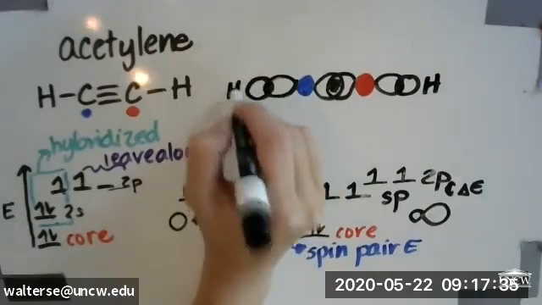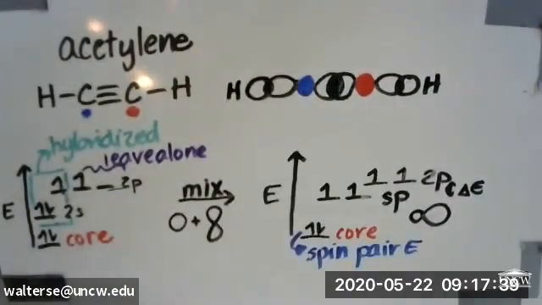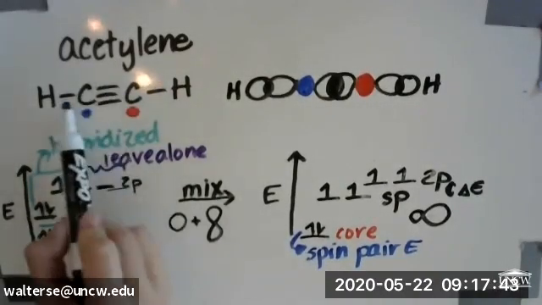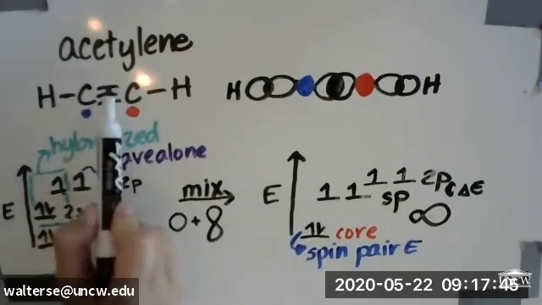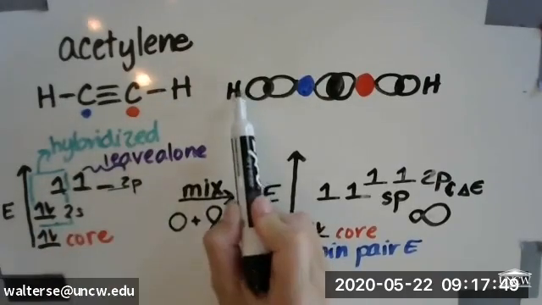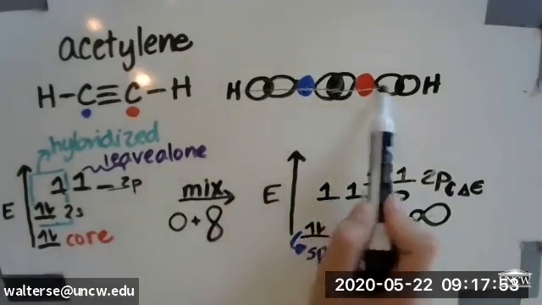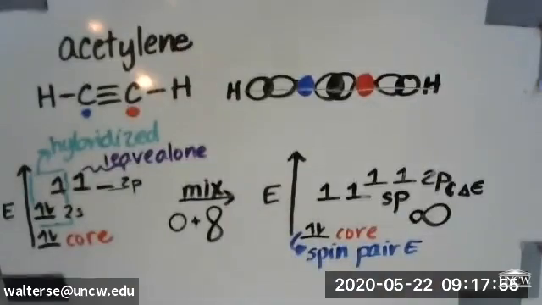Okay, and anywhere where you have those dark black connections, those are sigma bonds. So if you look at this molecule, you would say 1 sigma bond, a second, a third. So 3 sigma bonds, and they're on a line between all the nuclei. Okay.